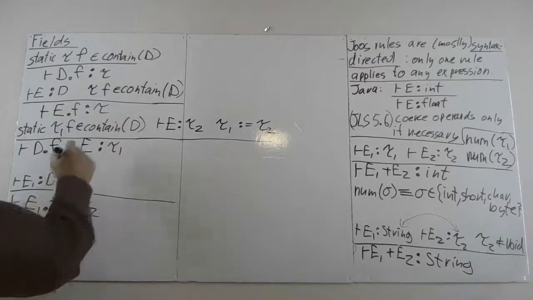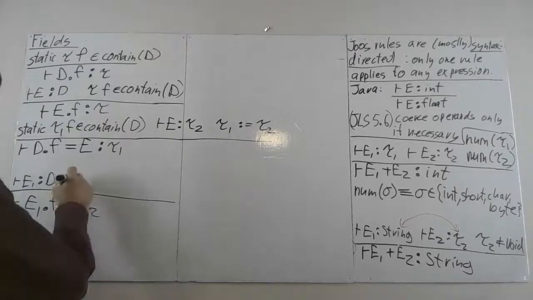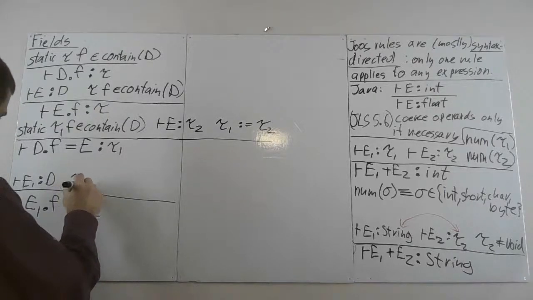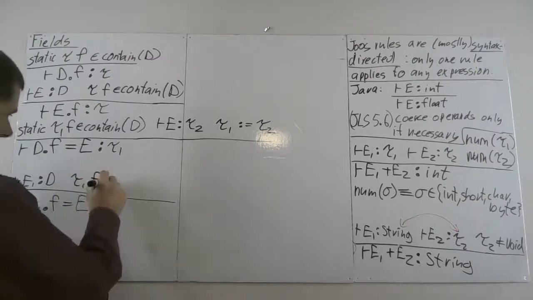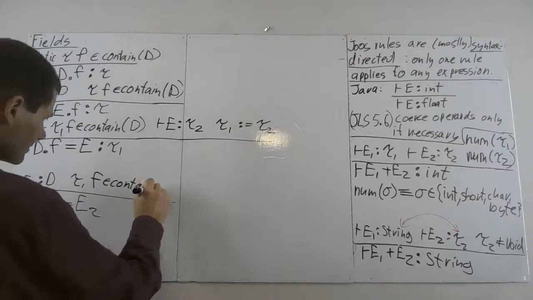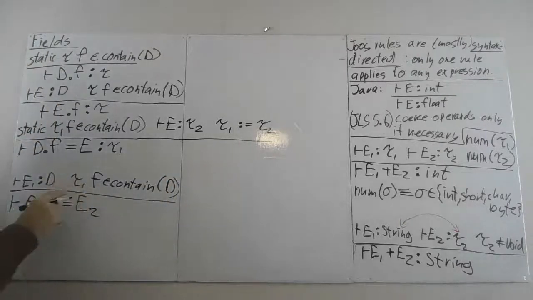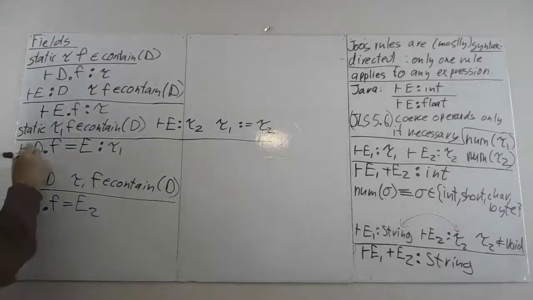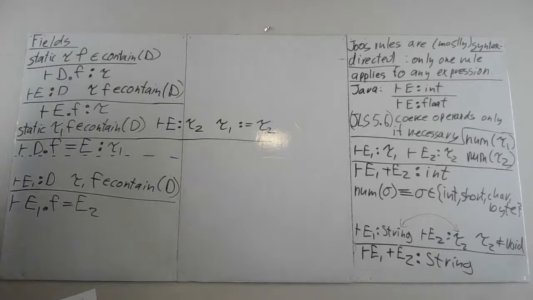And then we want to find a field that's contained in that class. So we want to find a declaration of a field named F in the contained set of D. Okay, and then that tells us the type of objects that we're allowed to store in that field. And I'll put a dotted line to separate us from the rule above.